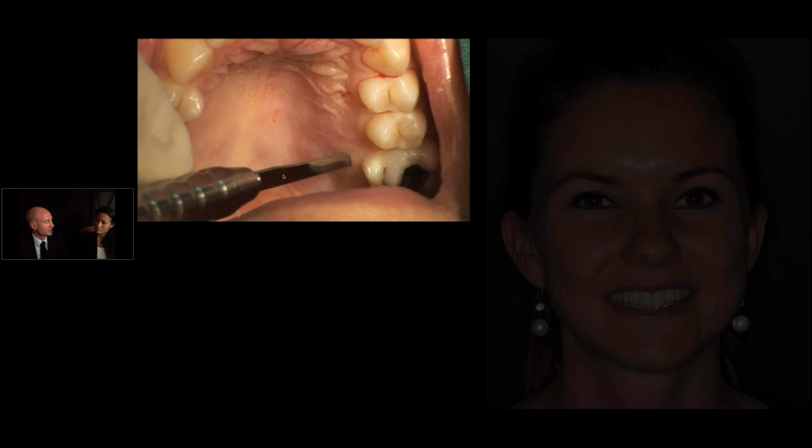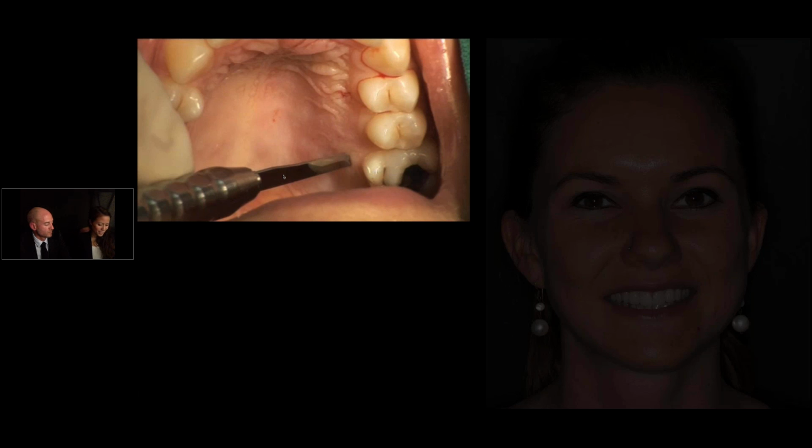So certainly this does influence. And it's always important that whenever we graft the site, we don't want to reduce the width of keratinized tissue or the volume we grafted previously. So this certainly matters quite a lot.